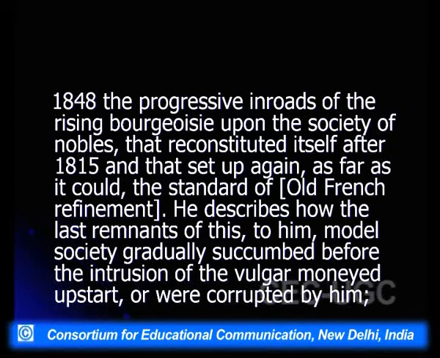And this is what had happened in France at that time, that the bourgeoisie, the middle classes, who would take all the resources in their hands and start producing, it is they who were making inroads into the society of nobles. What he means is that the trader in France, the shopkeeper in France, the person with money in France who had origins in the lower rungs of society, it is this person who was taking over the life in France. And this person was influencing and controlling, or going to control in the process, the nobility in France.